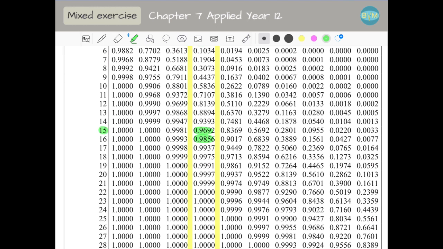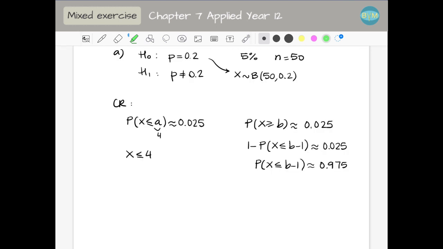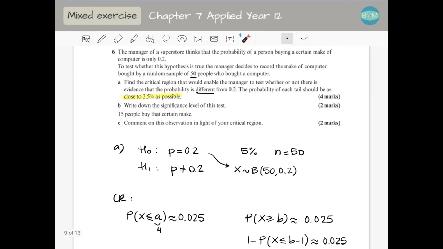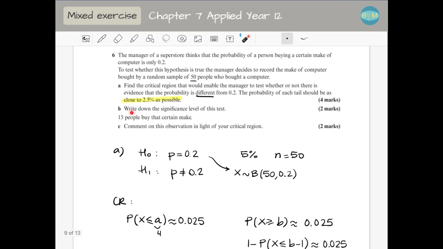Which means this is 15, which means b is 16. So my other branch of the critical region is X greater or equal than 16. This is the critical region. We can put them together: the critical region is X smaller or equal than 4 or X greater or equal than 16. This is where I'm going to reject my null hypothesis.